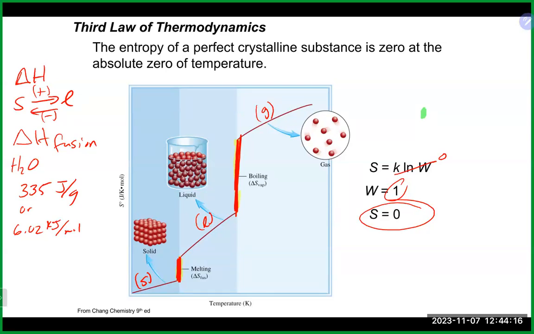There's also energy required to go from liquid to gas or gas back to liquid. That is the delta H of vaporization, right? And for something like water that is roughly 2260 joules per gram, about 40.6 kilojoules per mole, give or take a kilojoule here or there.